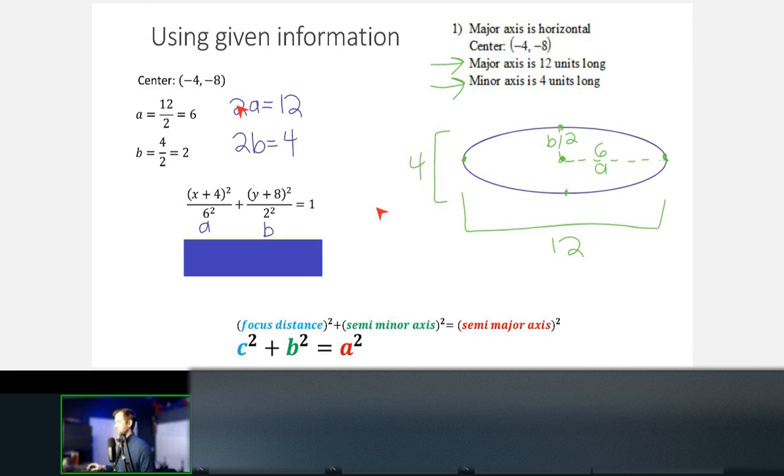Creating that formula, because remember, 2a is the entire major length, 2b is the entire minor length. So that one was pretty easy, right? And then we have to simplify. So that one is very easy.